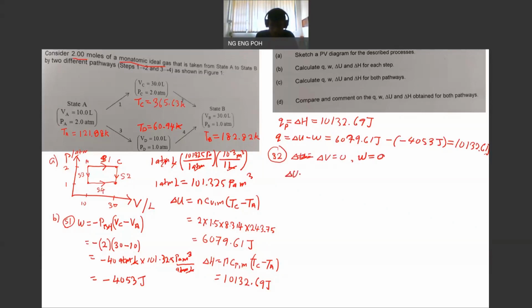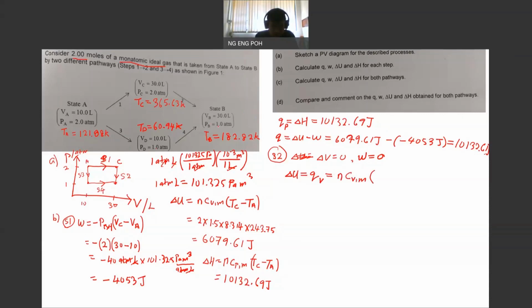Then you will get delta U equals Q. This is constant volume, so QV equals delta U plus W, and W equals 0, so we don't write anything. So this equals n CVM times T2 minus T1.